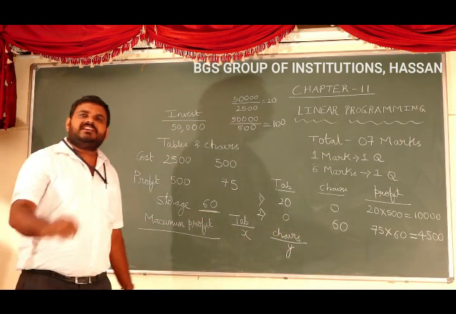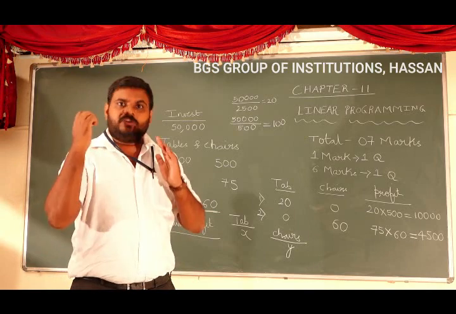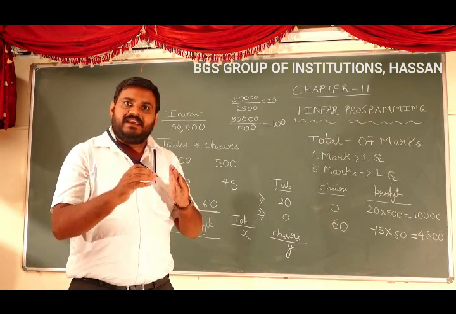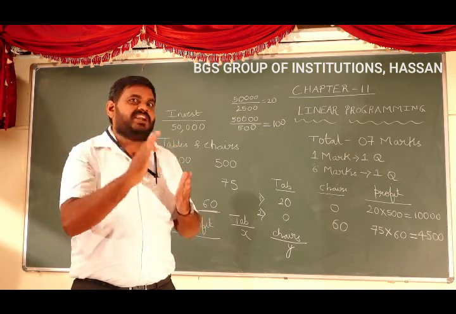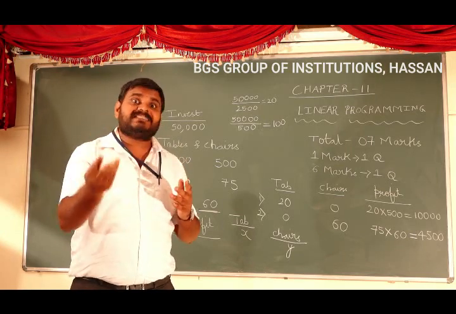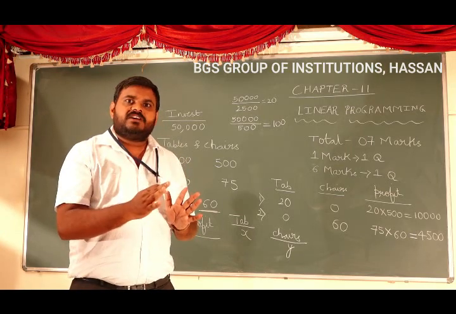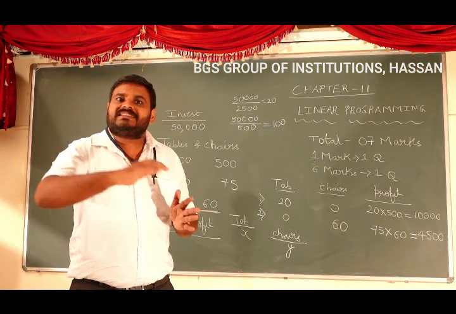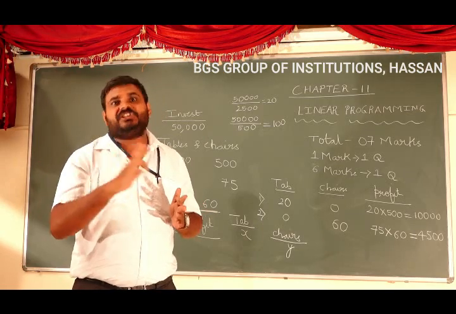No, a general thing is that even though he doesn't buy any table or any chair, it is counted as 0. But if he buys something, which means he can buy 1, 2, 3, etc., it should be positive.